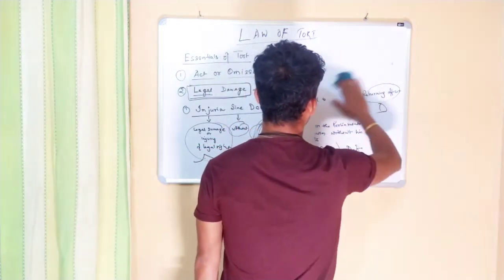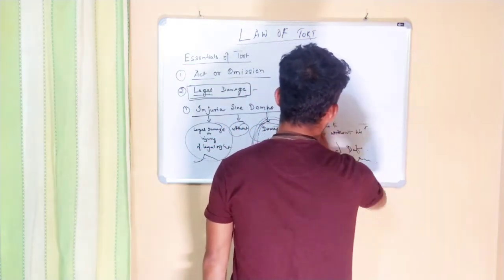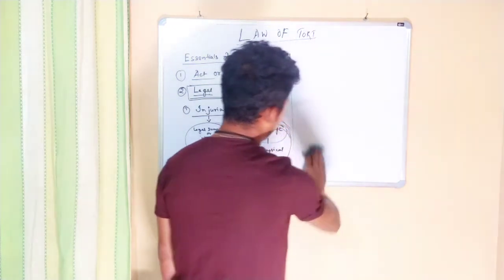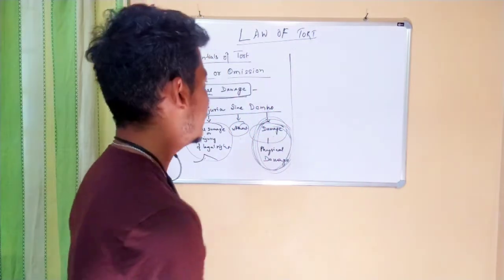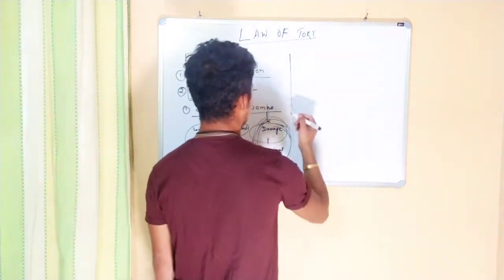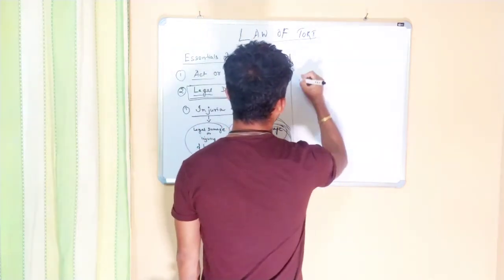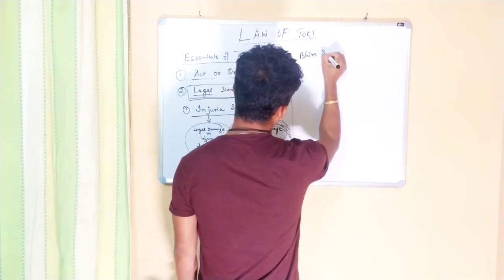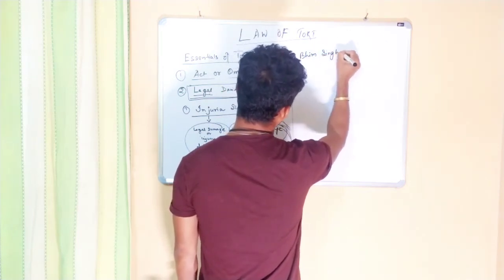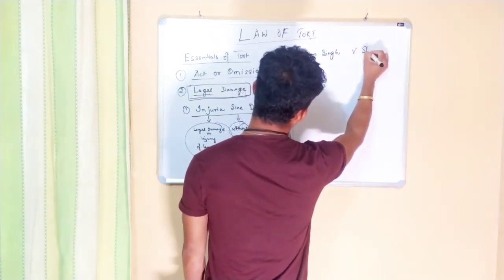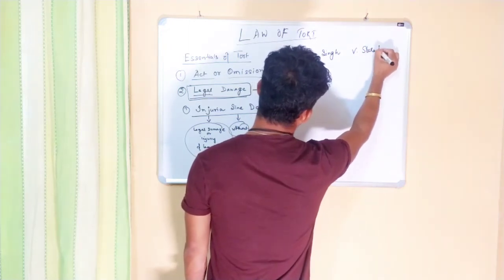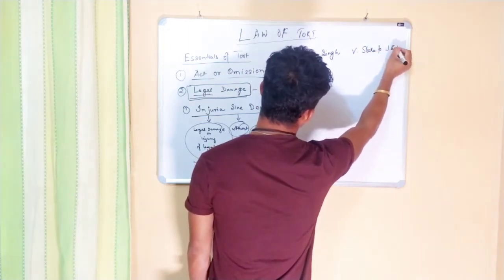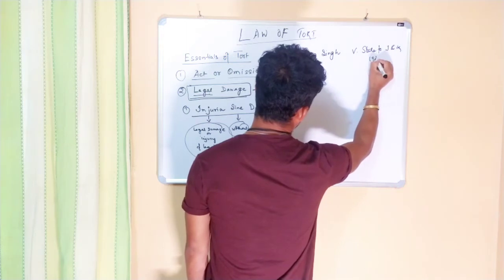So another landmark case that we will discuss here is again an Indian case, and that case is also very important. It is famously known as the habeas corpus case. That case name is Bhim Singh versus State of J&K, 1986.